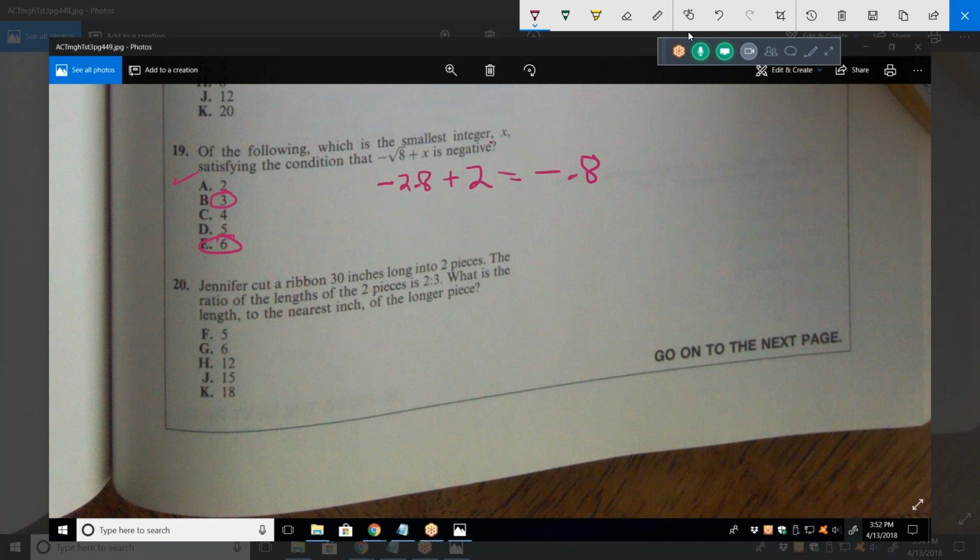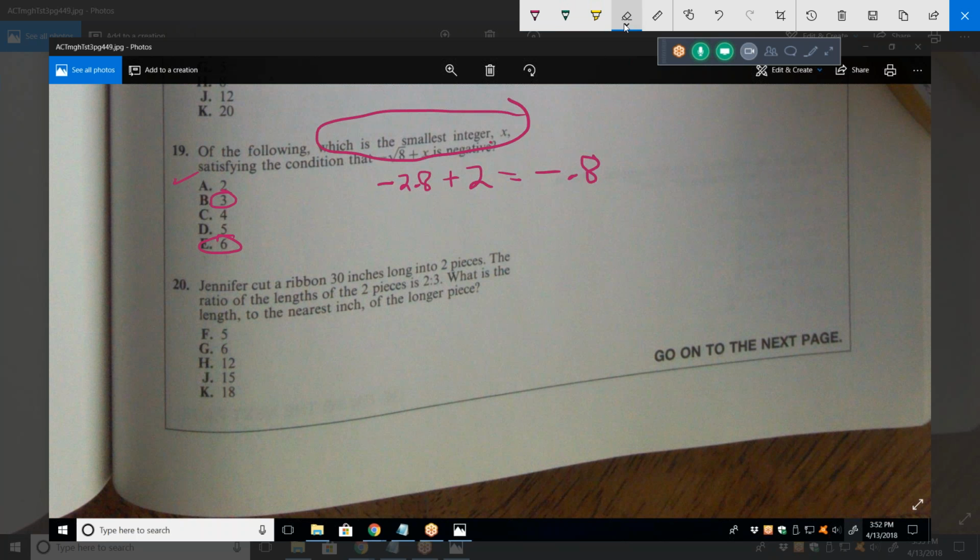Even if I start with 3, 3 could potentially work, although it does not actually. So the only one that works is 2. But that wouldn't be the issue. You could definitely have multiple answers that work here because they asked for the smallest answer.